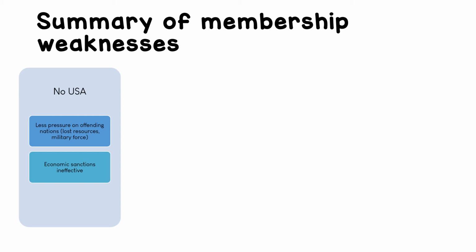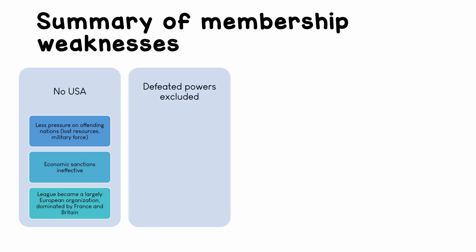But of course, if the United States was not part of the League of Nations and did not take part in these restrictions, these sanctions would then be ineffective. And finally, the League of Nations without the United States became mostly a European organization that was dominated by France and Britain.